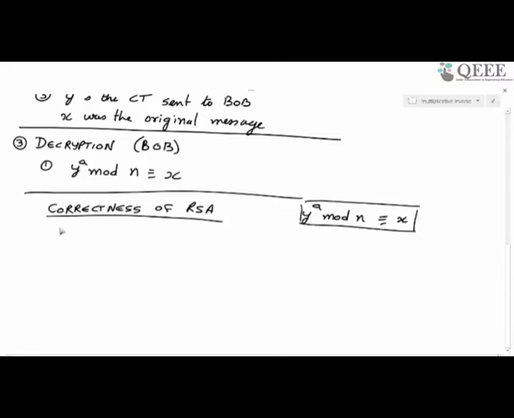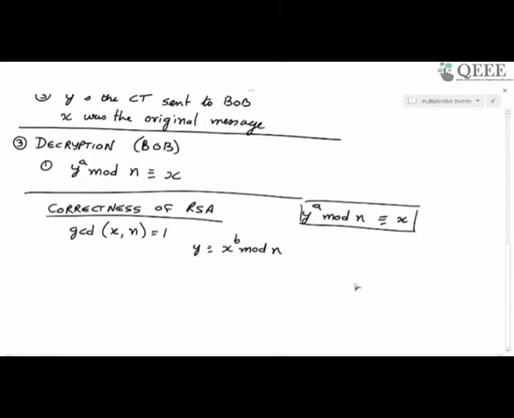So first, let us assume that GCD of x comma n is equal to 1. That is, we are assuming that x happens to be co-prime to n. Okay, and we have also seen that the corresponding ciphertext is obtained by computing y congruent to x to the power of b mod n.